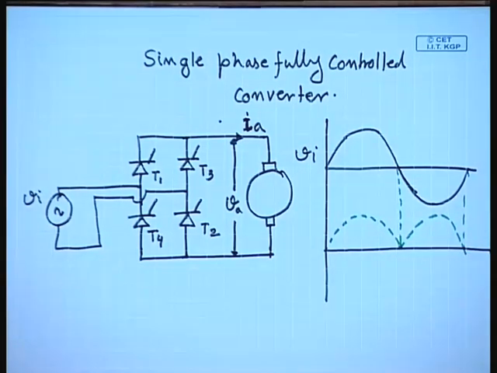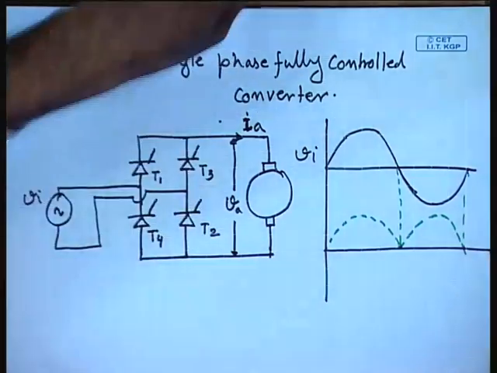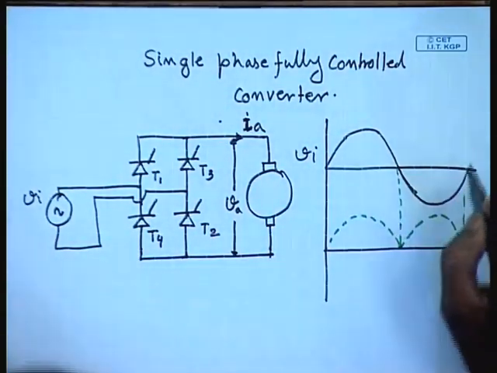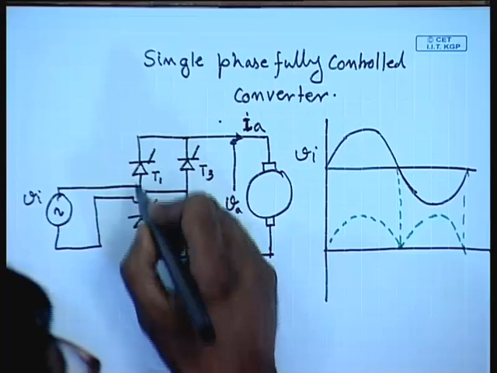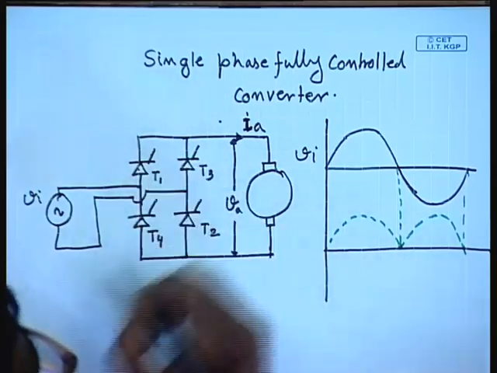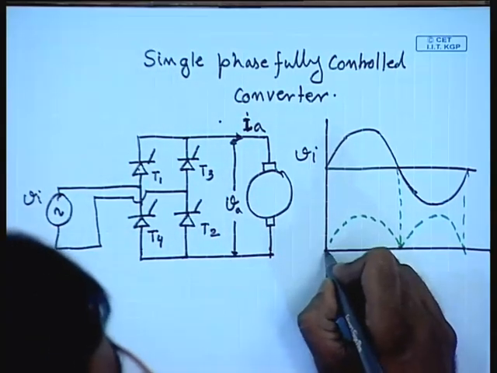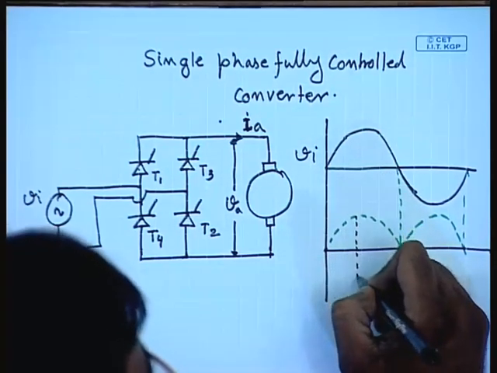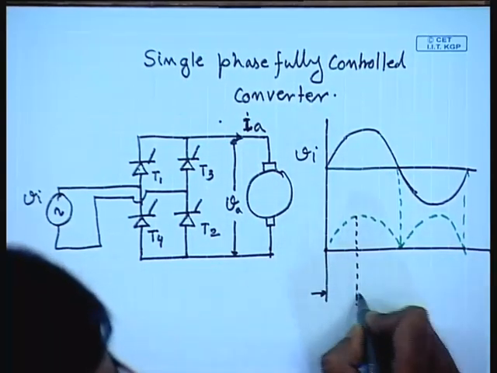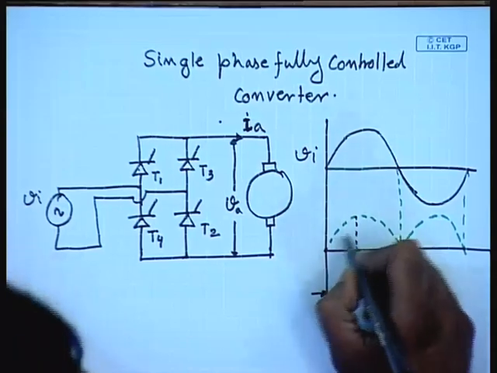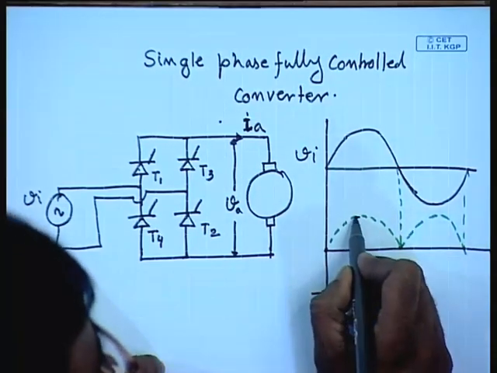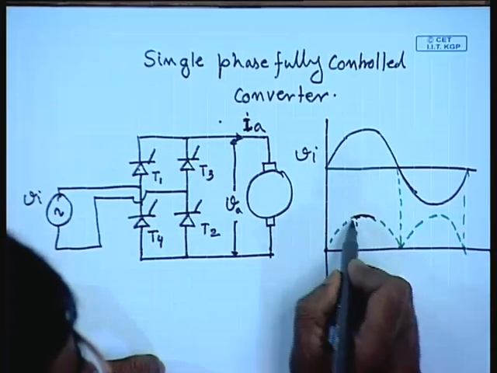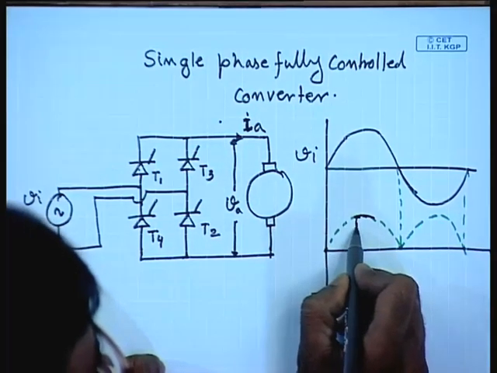But since this is a thyristor, the full wave rectified sine wave is not possible. So, we delay the firing of the thyristor T1 with respect to the zero crossing of the supply by an angle, let us say alpha, which is called the firing angle. Then the voltage Vs starts following the rectified sine wave from this point.